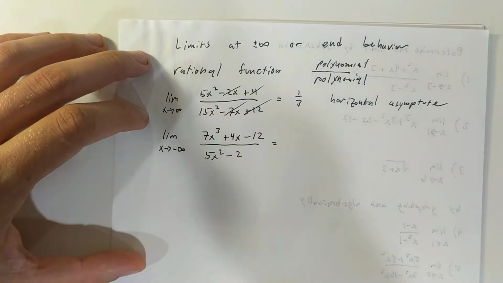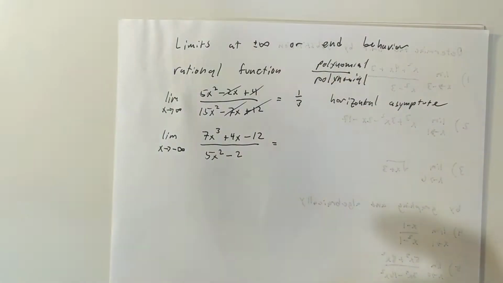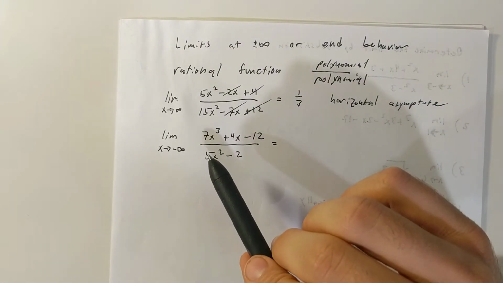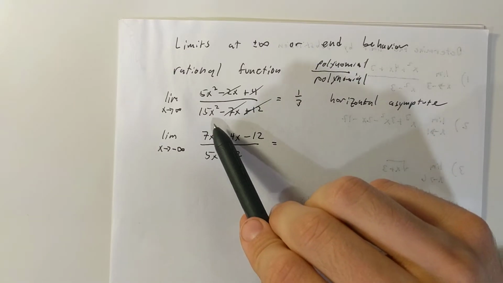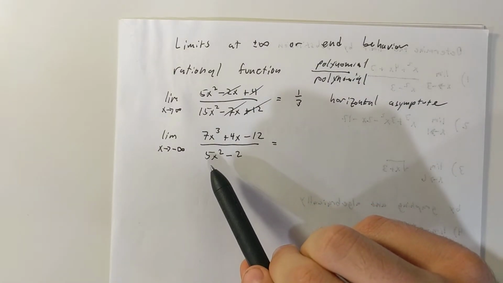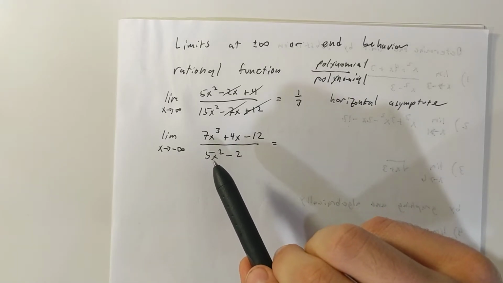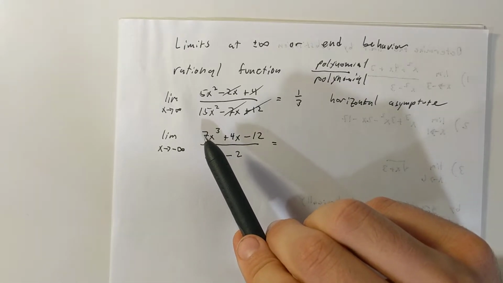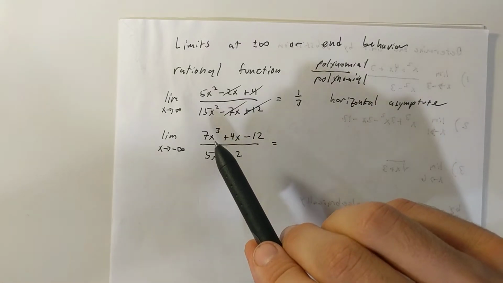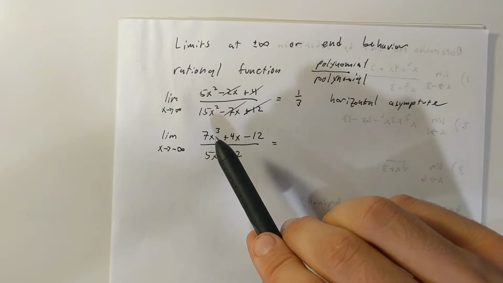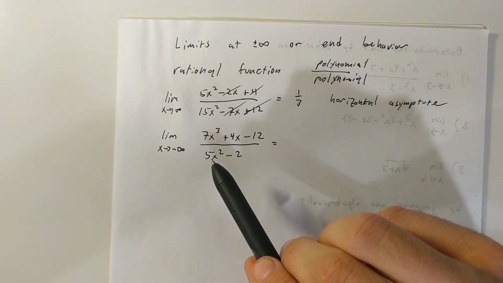Basically what happens here is as we plug in larger and larger numbers, negative 1,000 and things like that, this term is going to grow the fastest. On the bottom, it's going to be this term. But we notice that this term won't grow nearly as fast as the numerator. And so since the numerator is going to grow much, much more quickly, this thing is going to go to a very large number, and this thing is going to go to a smaller one.